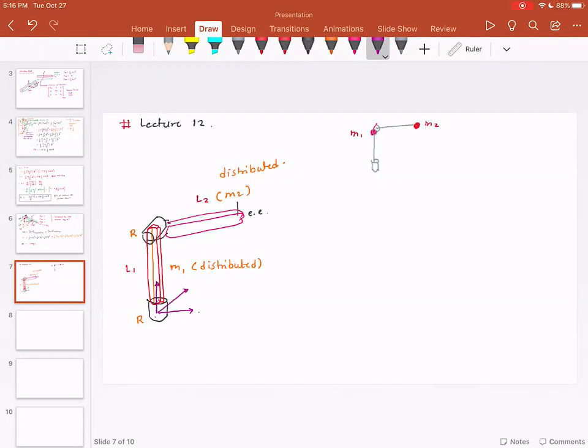So I will quickly draw the coordinate system: x0, y0, z0, and then you have another coordinate system, y1, z1, and x1, and you have one more coordinate system at the end, which is x2, y2, z2.